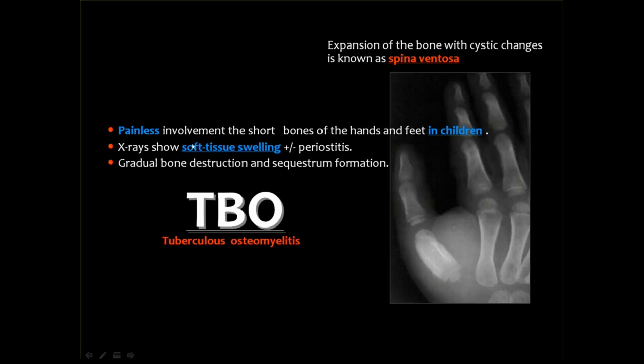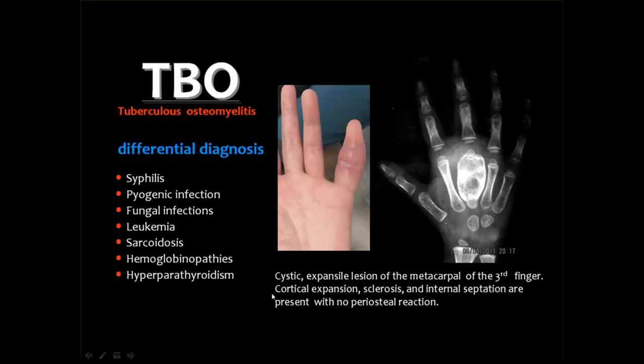The X-ray may show soft tissue swelling and periosteal reaction, and the bone is expanded, and gradually it will be destroyed and become necrotic with the formation of a sequestrum. Then this is an example of TB dactylitis, or what is known as spina ventosa.